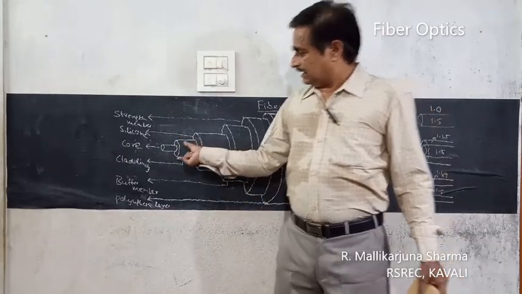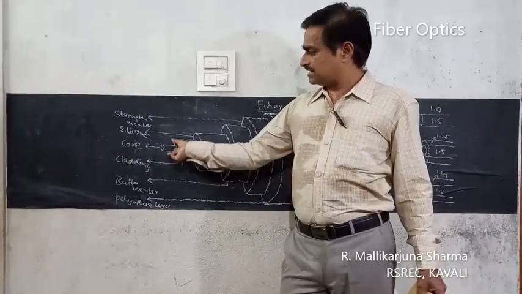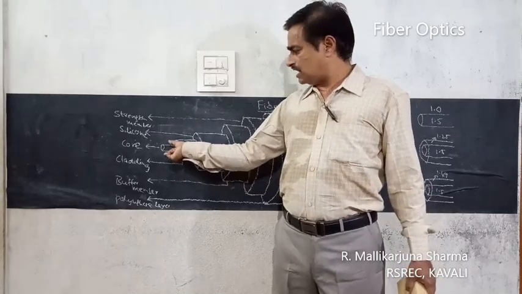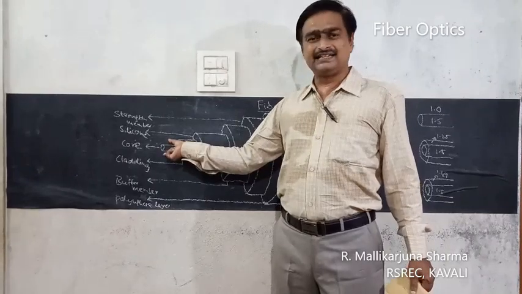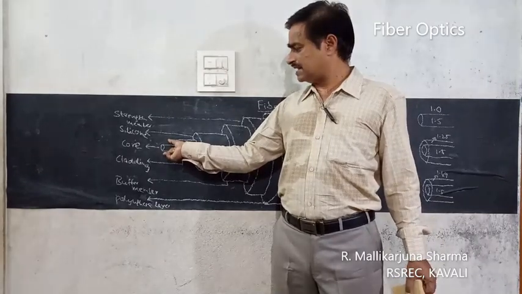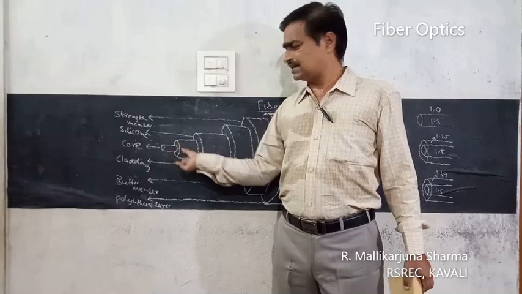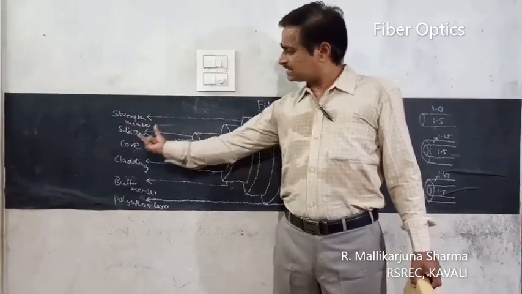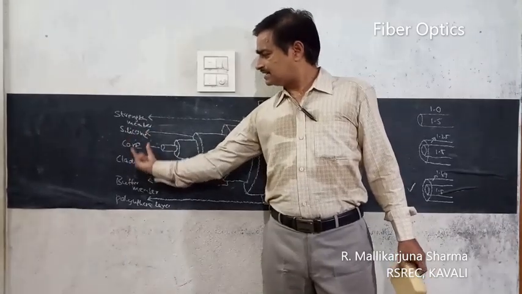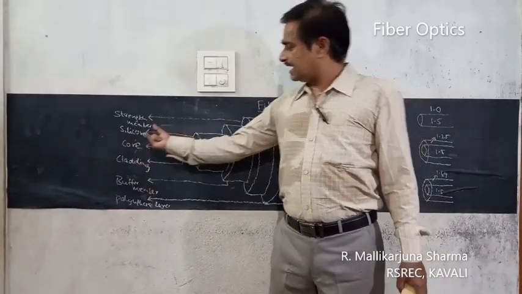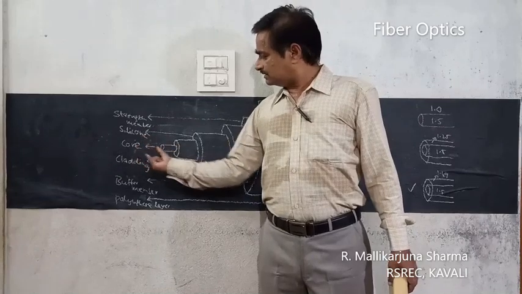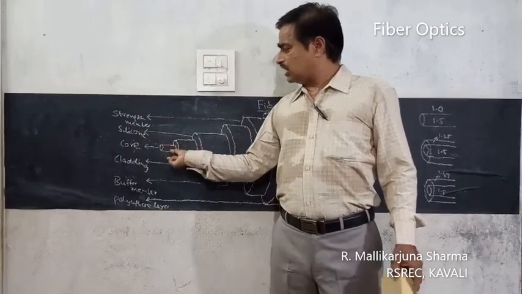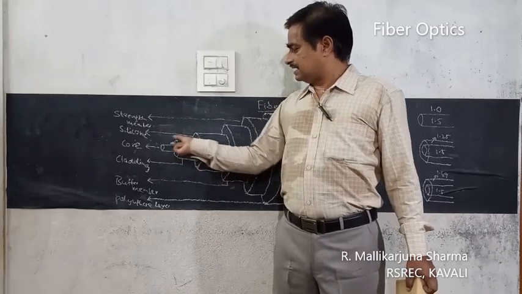Up to these two levels, we are just talking about the propagation of light. Generally, it is made of glass materials like silicates. Silica is the best material, which is why the material is somewhat brittle. The next one is the silicone coating. It is the same type of material as the core and cladding, and it acts as the same kind of interface.